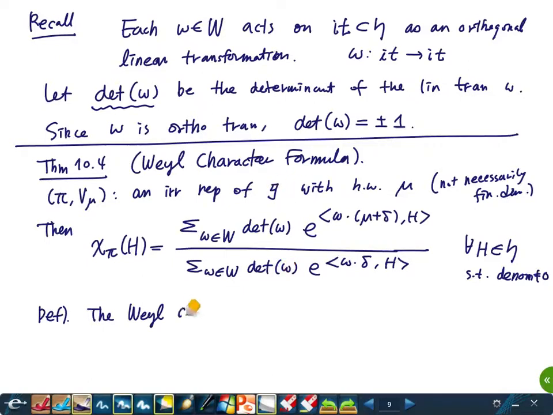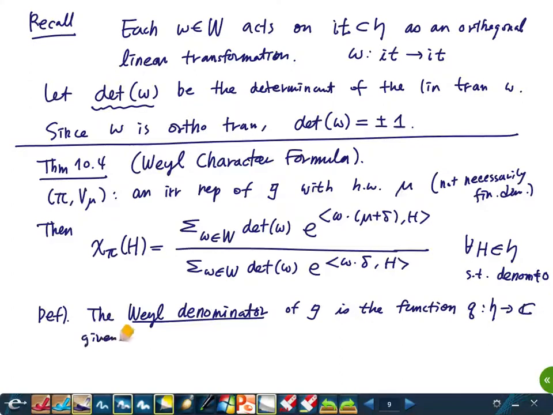So the Weyl denominator of G is the function Q from the Cartan subalgebra to the complex numbers given by this formula, Q of h, basically just this denominator, that's what that means.